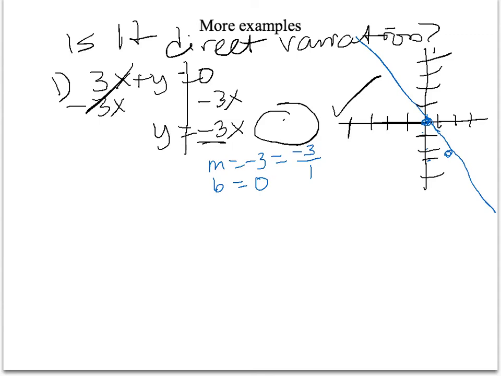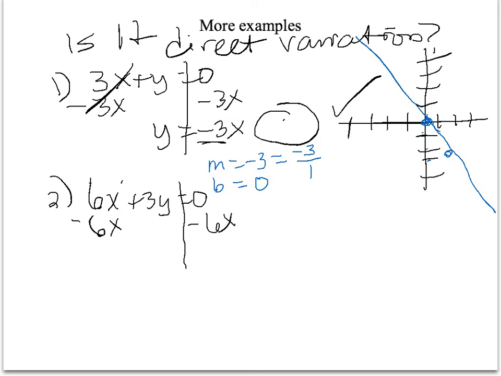All right, how about the equation 6x plus 3y equals 0. Well, let's get y by itself. Subtract 6x from both sides.